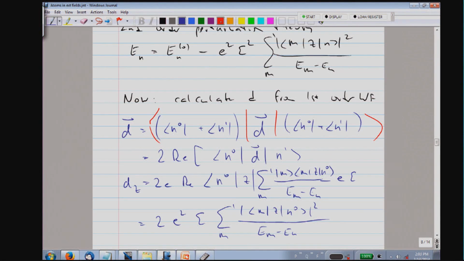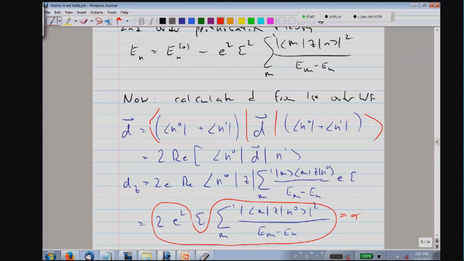So the definition is that a dipole moment is alpha times the electric field. So therefore all that equals alpha.